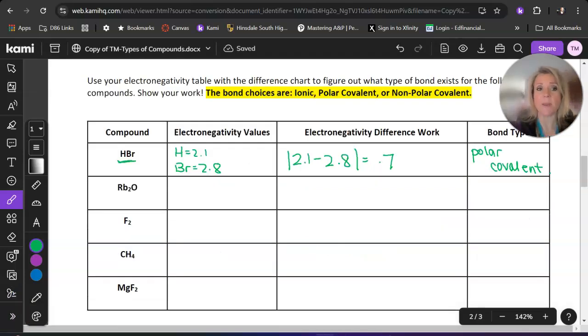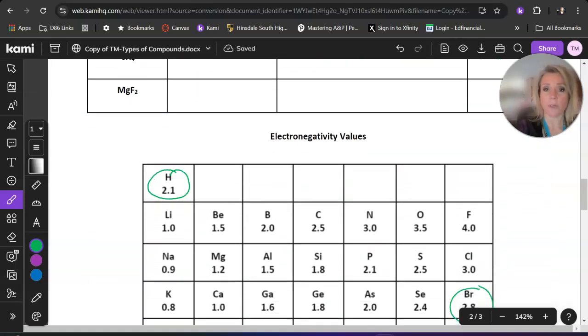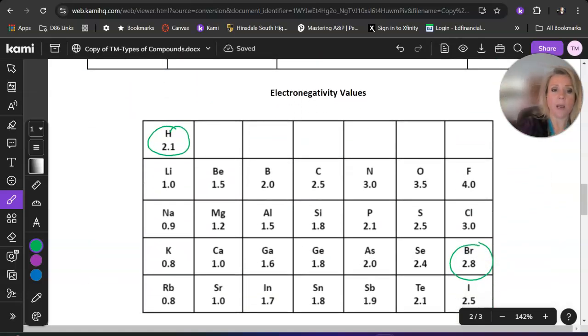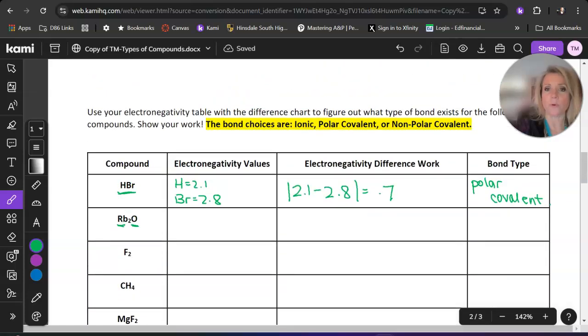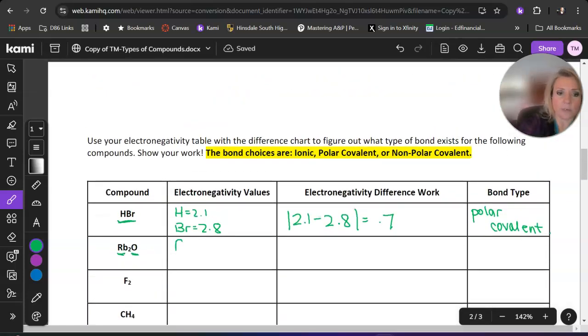Now for our next compound, we have rubidium, which is Rb, and oxygen. And again, if we look down at our electronegativity values, Rb is 0.8 and oxygen is 3.5. So Rb, I'm just going to write it here.